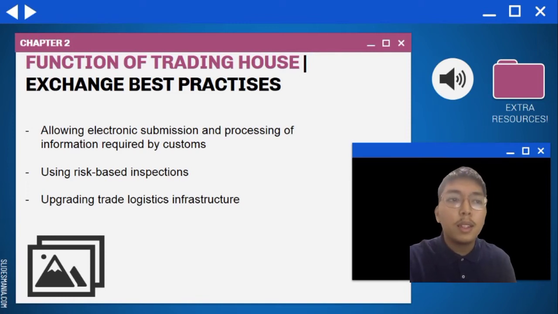The most advanced web-based systems allow traders to submit relevant documents and pay duties online. When implemented effectively, such a system provides long-term benefits. They save time and money while streamlining procedures, limiting direct interaction with government officials and reducing opportunities for bribery.